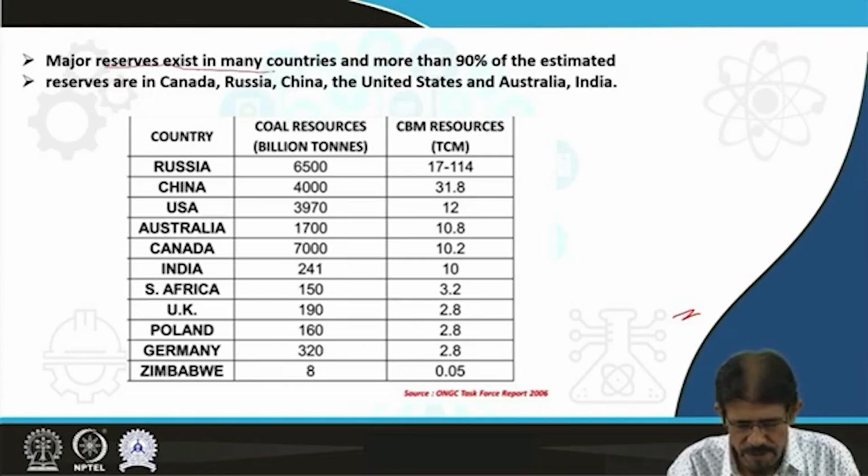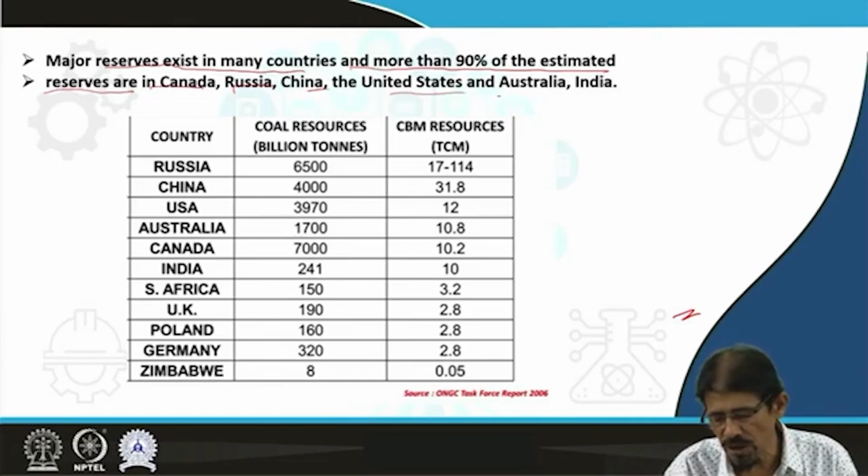Major reserves exist in many countries, and more than 90% of estimated reserves are located in Canada, Russia, China, the United States, Australia, India and other countries. You can see the contribution of Russia, China, USA and others.